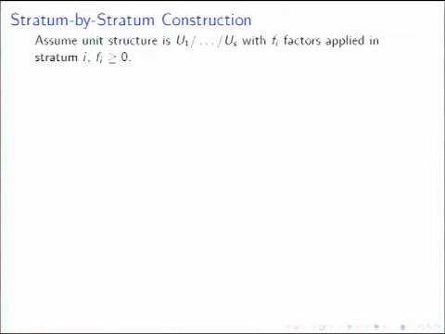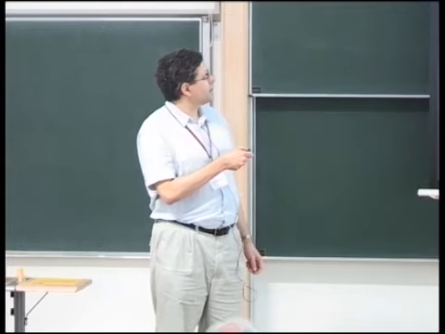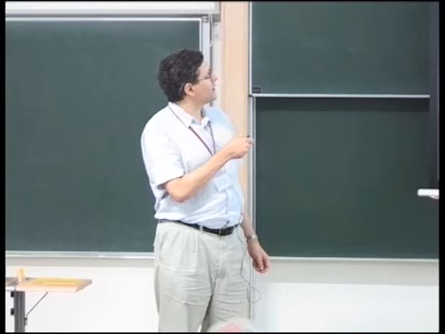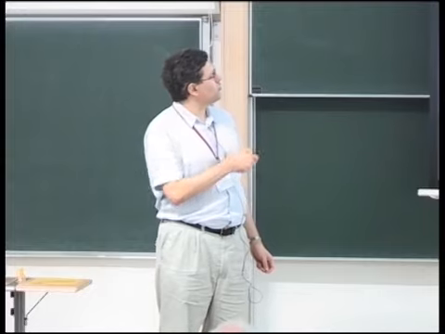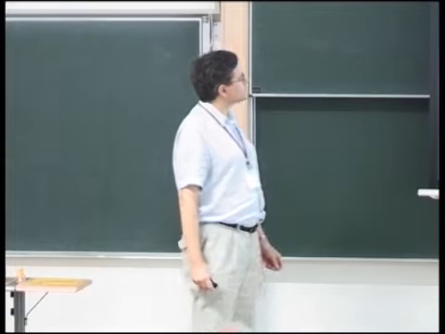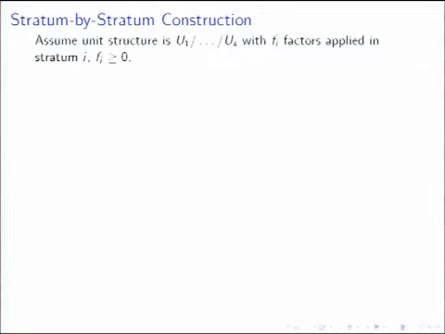And there can be any number of factors applied in each stratum. So my notation is there are Fi factors applied in stratum i, and the unit structure in stratum i is labelled Ui. There may be no factors applied in some strata, of course.